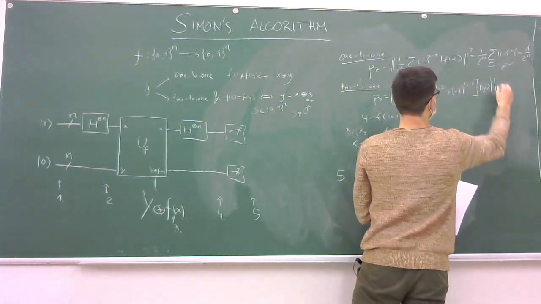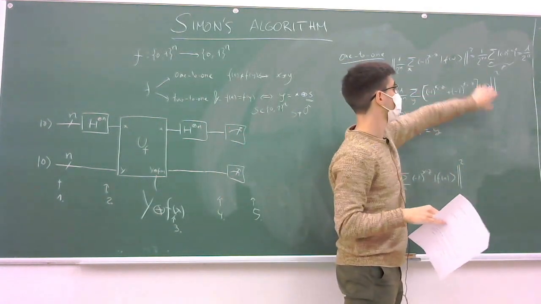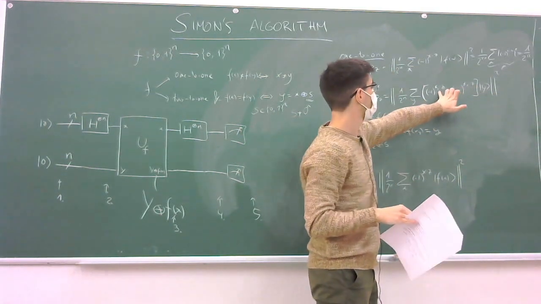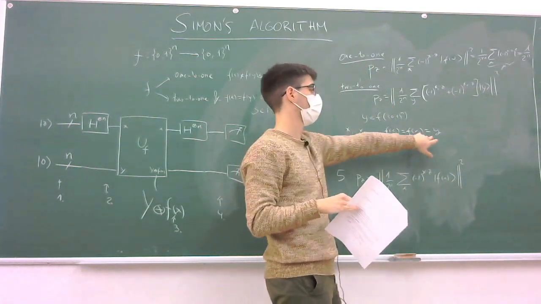Here we have y. So we have substituted the f of x with a variable, and now x1 and x2 depend on y, okay? Because they are the values that satisfy this.